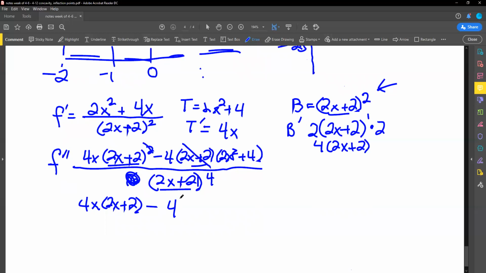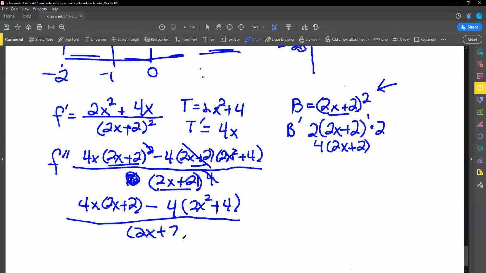Take that away, so I'm left with 2x squared plus 4. And I take out another 2x plus 2, so I'm going to lower that down to the third. So you see, I took it out of every one. That's why I left it factored, so I could see that common factor. You don't want to end up multiplying things out and getting cubics, because that's just going to be gross. All right, so hopefully this is easier to work with.